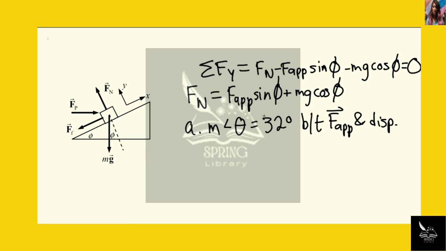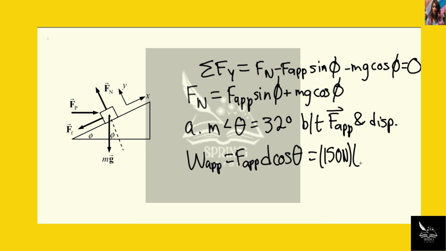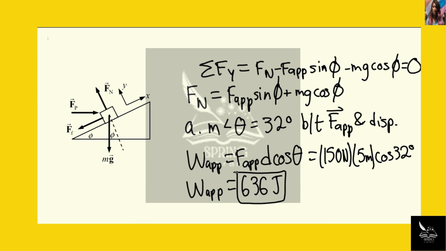So this simply means that the work done by the applied force would be equal to the magnitude of the applied force times the distance cosine of theta, and this is giving us 150 newtons times the distance of 5 meters times cosine of 32 degrees, and we have that the work done by the applied force is going to be equal to 636 joules. So this would be our answer for part A.